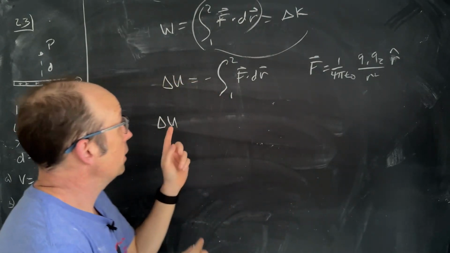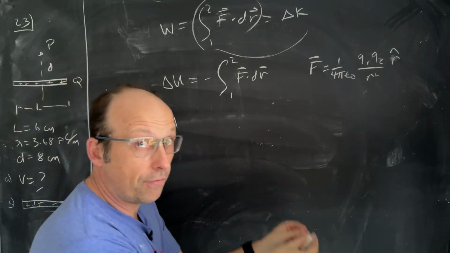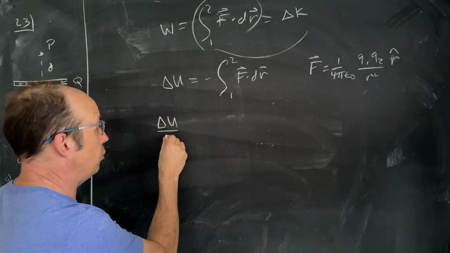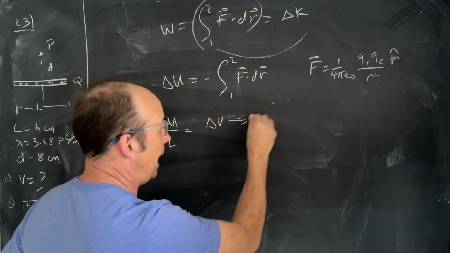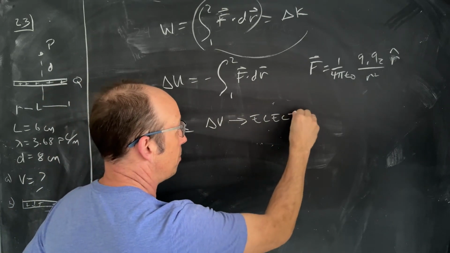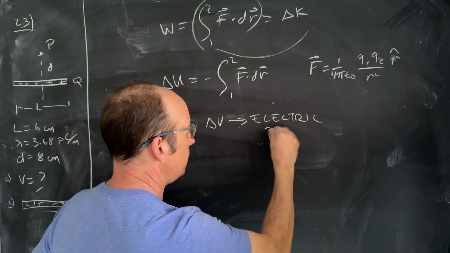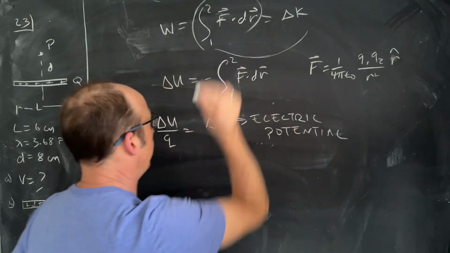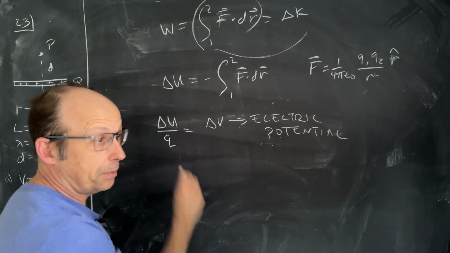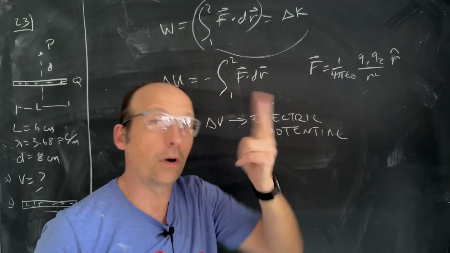Now, suppose I divide by the value of one of those charges: delta U over Q. We call that delta V, and that is electric potential. And delta U is electric potential energy, so don't get those two confused.